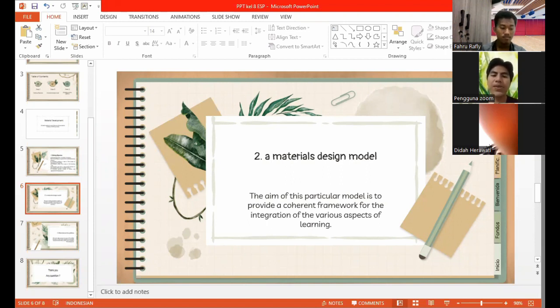It is precisely this additional role of materials provider or developer that has endowed ESP teachers with the denomination of practitioners.